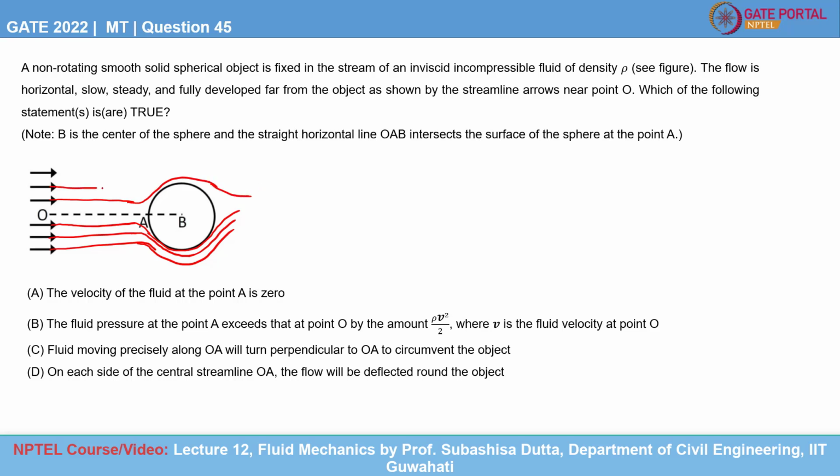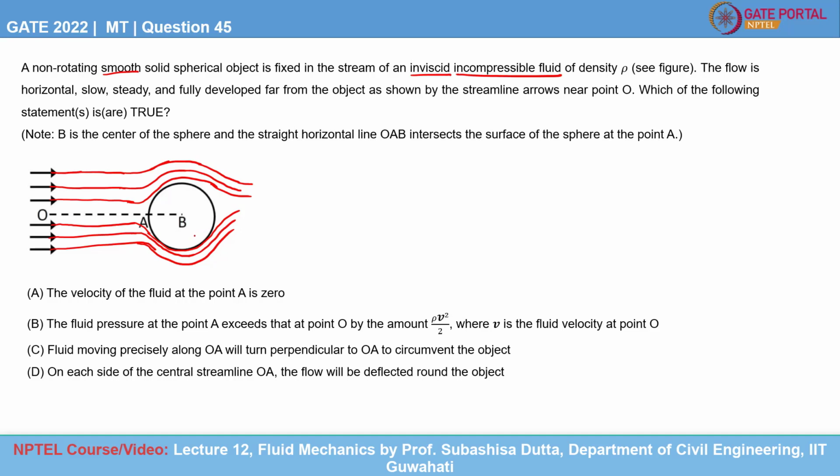Also it is given that the fluid is incompressible and inviscid. By inviscid I mean the viscous effects can be neglected, and incompressible means there is no change in density with pressure. So it is an incompressible and inviscid fluid, and the solid sphere is smooth and not rotating.